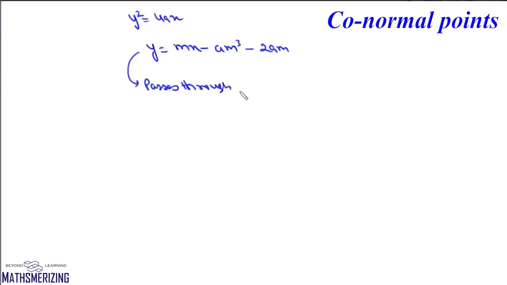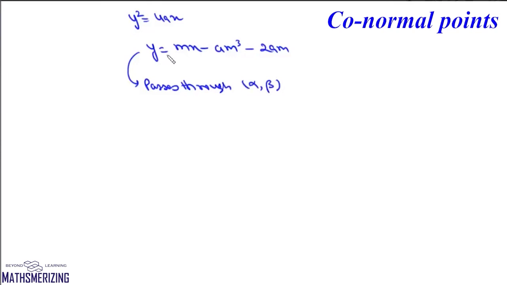Now we know that for this parabola, which is y squared equals 4ax, the equation of the normal is y equals mx minus 2am minus am cubed. Now suppose we need to find the equation of a normal which passes through a point, say (alpha, beta).